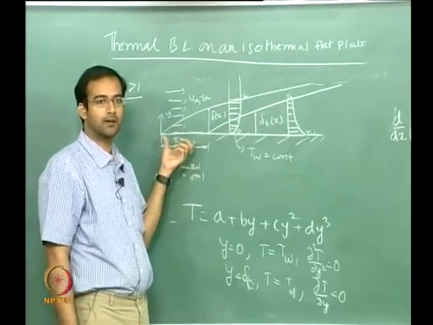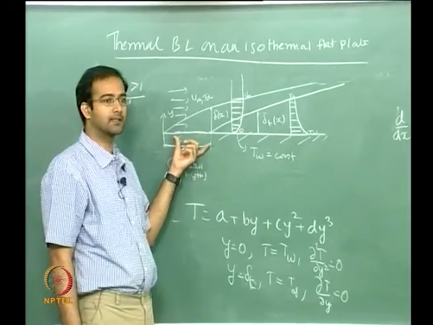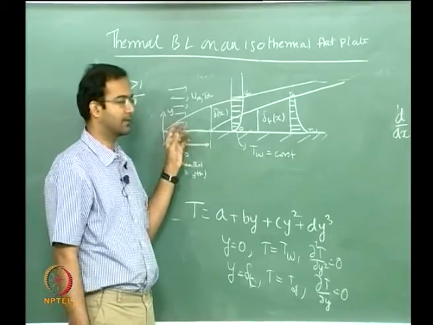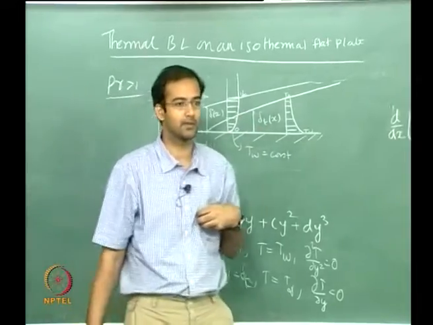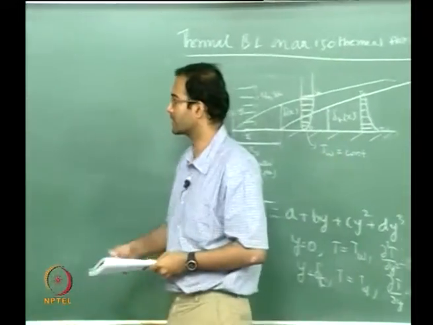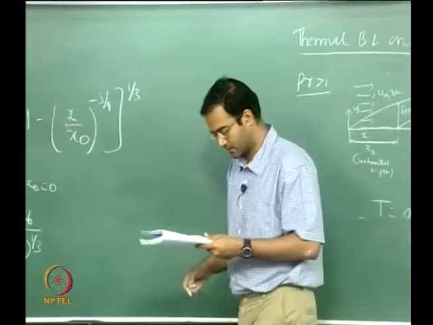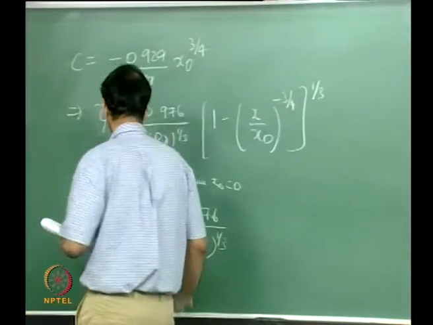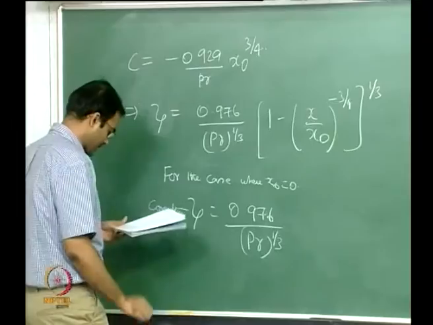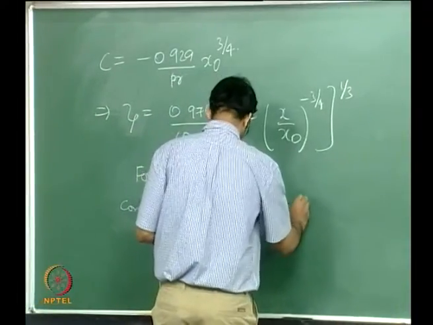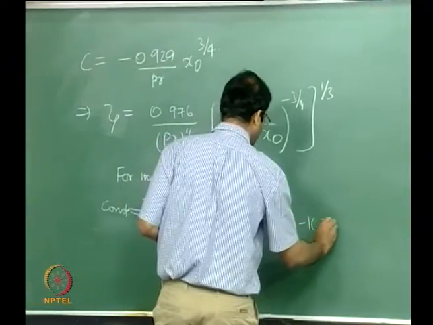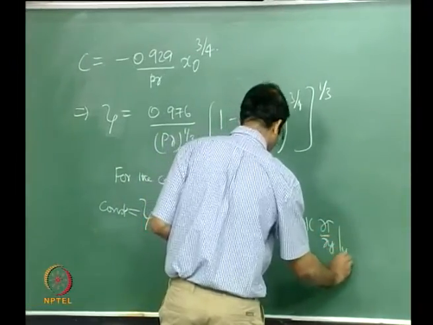Whereas if you maintain a starting length, heated length, unheated length, then you can see at different locations the ratios will become different. So that is what is coming out of these expressions. So for the case where you don't have unheated length, this is your expression. With this we can calculate the heat flux, minus k dT by dy at y equal to 0.